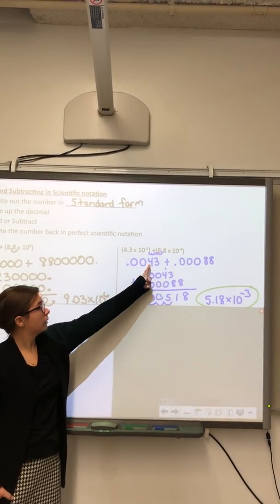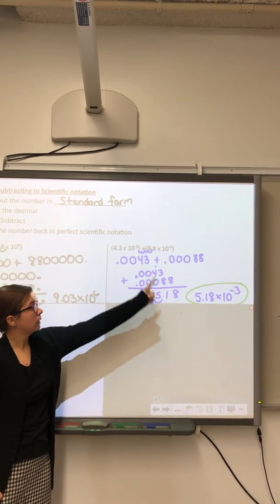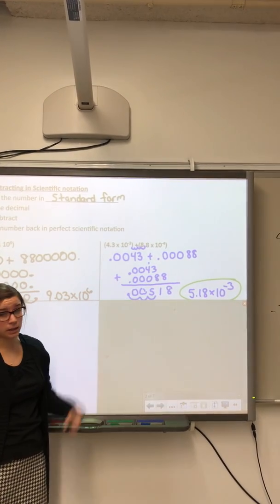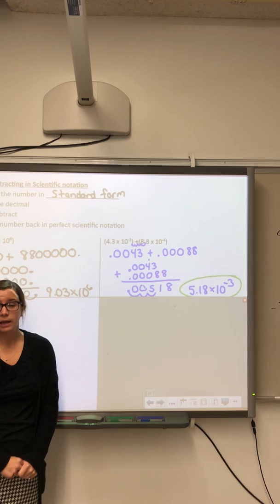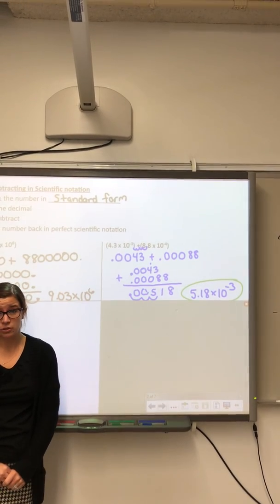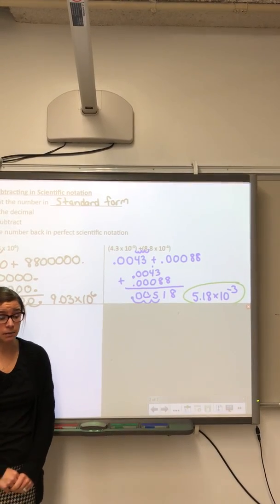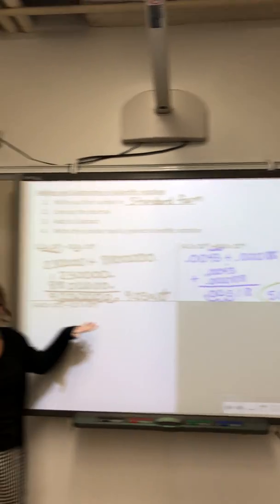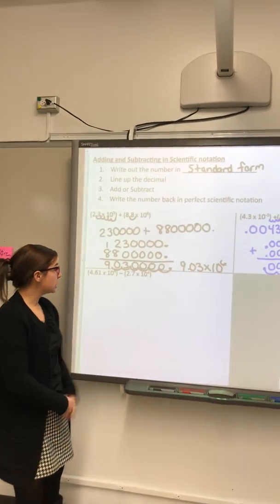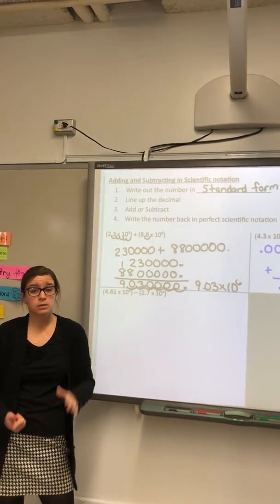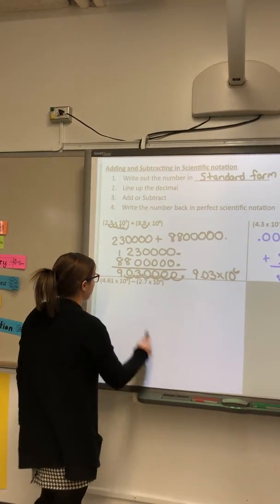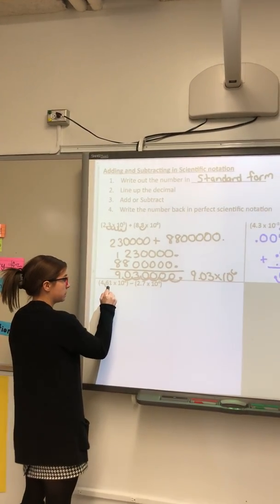So I wrote it out, I moved my decimal, I lined up my decimal, I added, and I wrote it back into scientific notation. It's going to be the same for subtraction, so we're going to do the first problem together. The first thing we're going to do when we're subtracting is write the number out in standard form. So here I'm moving the decimal 4 spots.